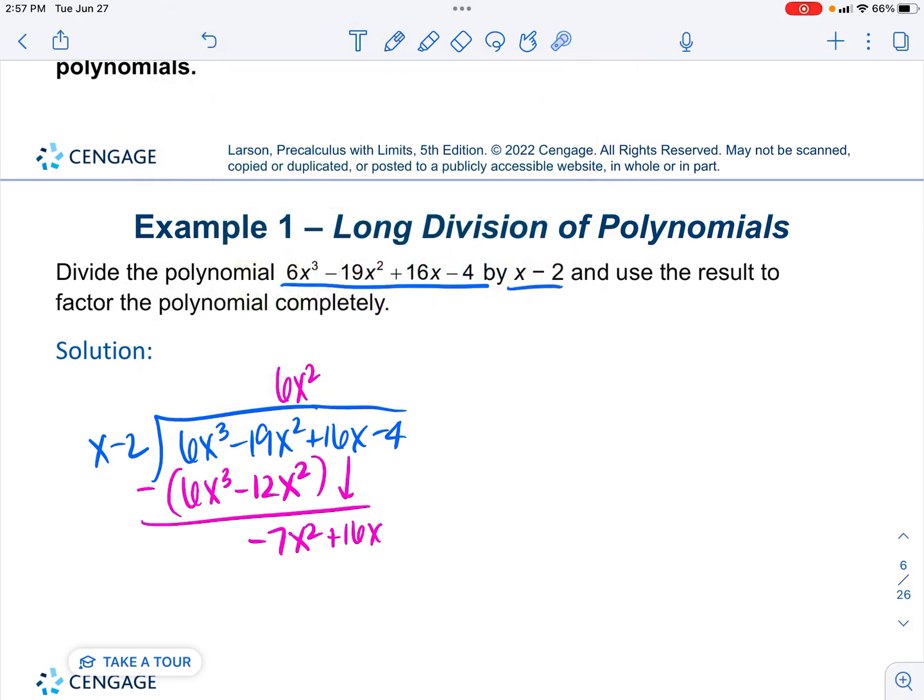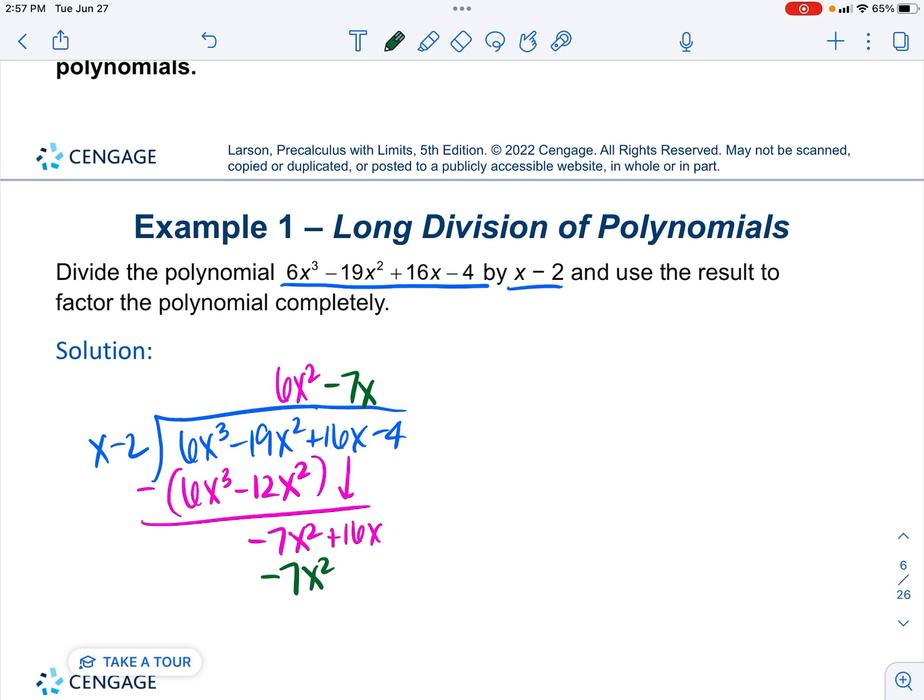So again, I'm like, what times x would give me that front term? What times x would give me negative 7x squared? And that would be negative 7x. Then I'll multiply and subtract. Negative 7x times x is negative 7x squared. Those match. They'll subtract to 0.